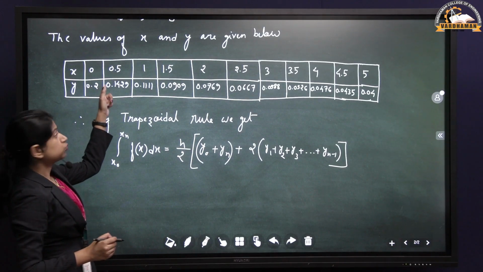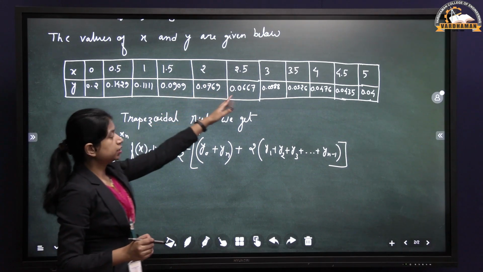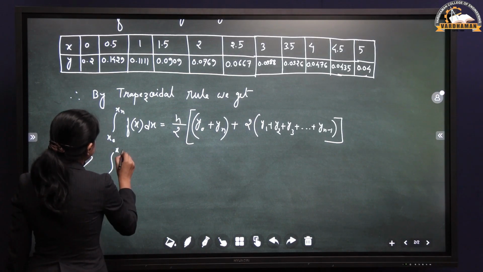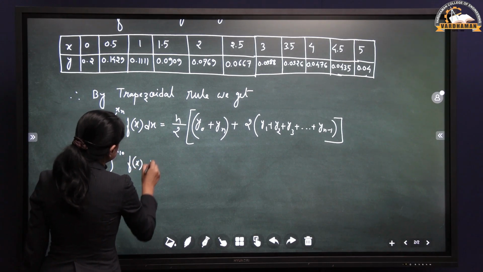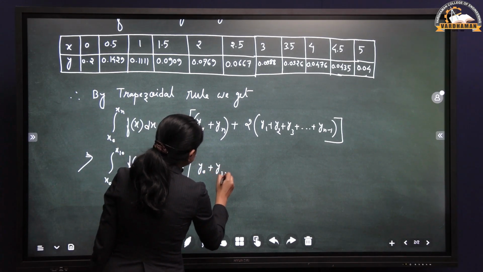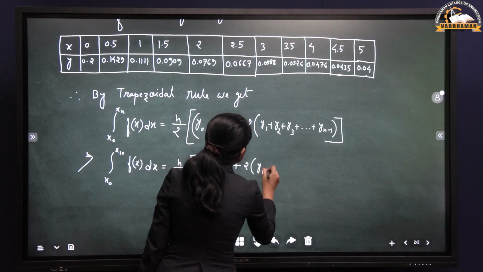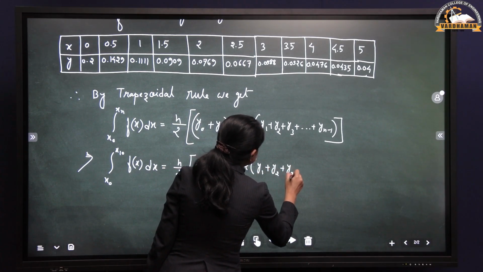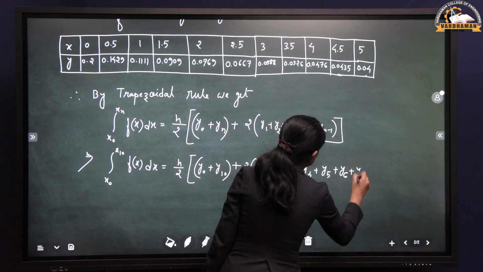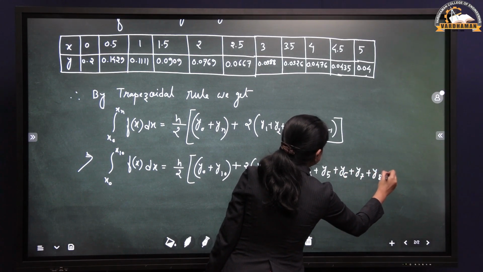These are the y naught, y1, y2, y3, y4 and so on. Here x is from x naught to x10 f of x dx, h by 2 times y naught plus y10 plus 2 into y1, y2, y3, y4, y5, y6, y7, y8 and y9.